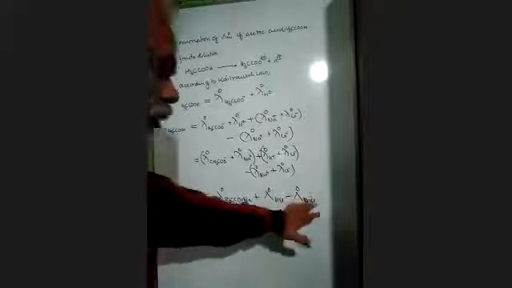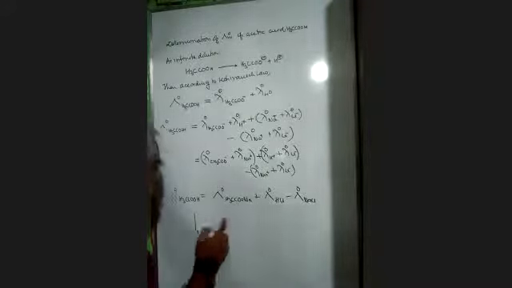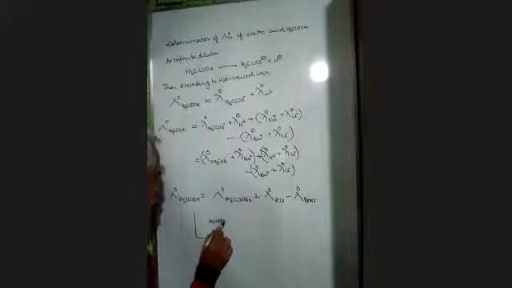So now, to find out the limiting molar conductivity of acetic acid, as I know the rule, I will make three solutions. What is the solution? I will make a solution of this and I will measure.